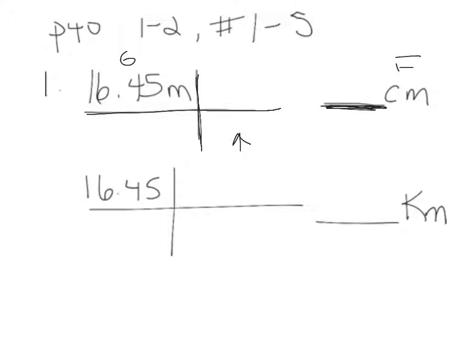Now, do we know a connection between meters and centimeters? And we do. And if you look up above the board, you'll see the poster up there. There are 100 centimeters in 1 meter. Now the meters has to go down here because top and bottom units cancel. Now we're left with the units we're looking for.